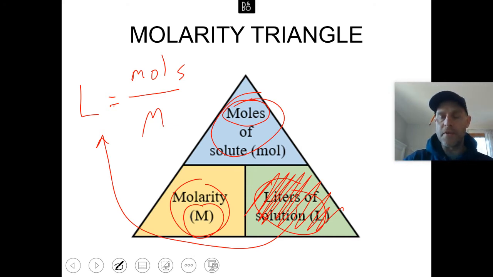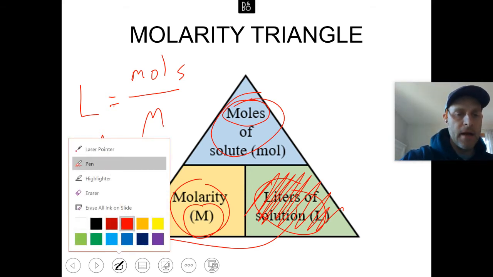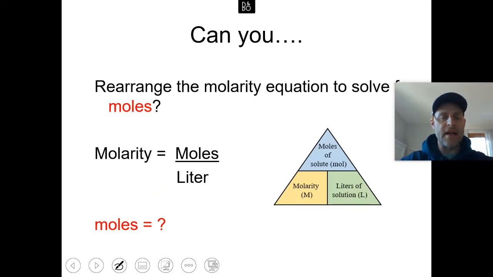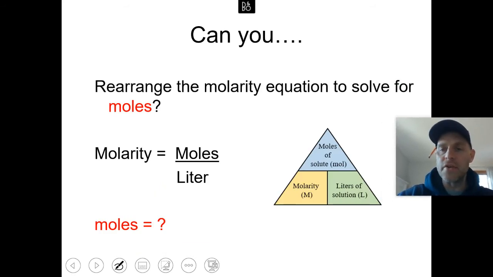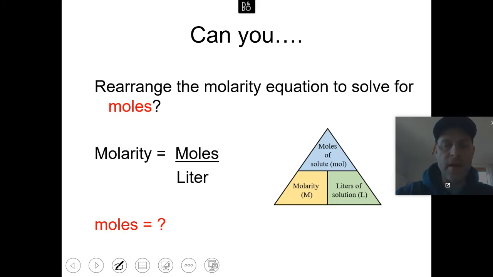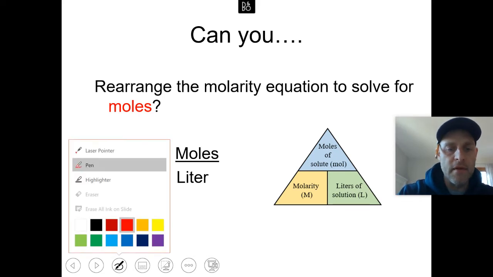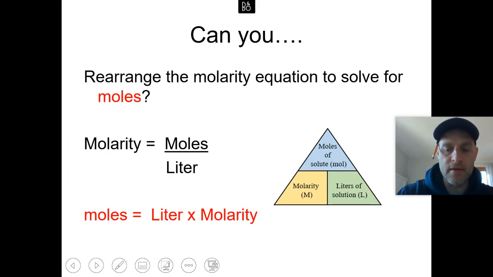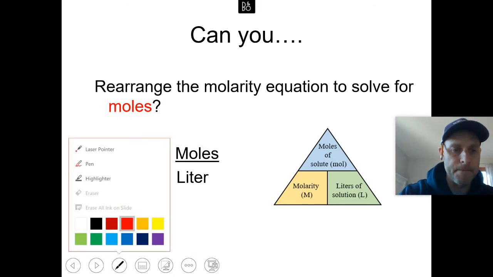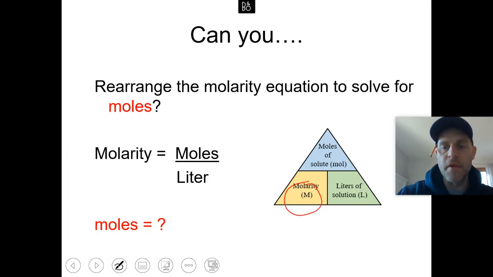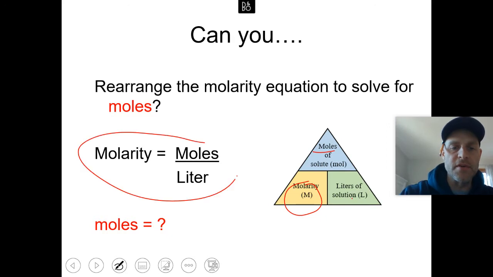I will put this PowerPoint on Google Classroom so you can find it. It's pretty straightforward. You can rearrange the molarity triangle to solve for different things. If I want to solve for molarity, it's moles over liters.